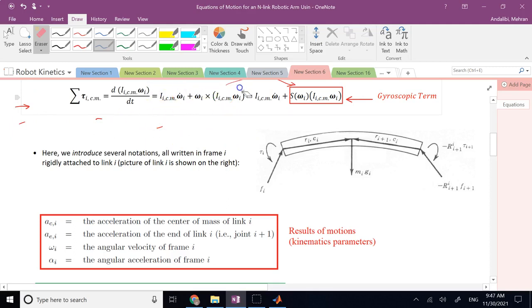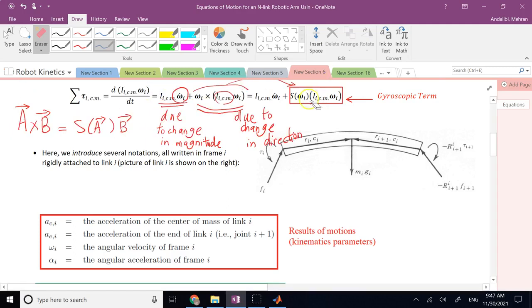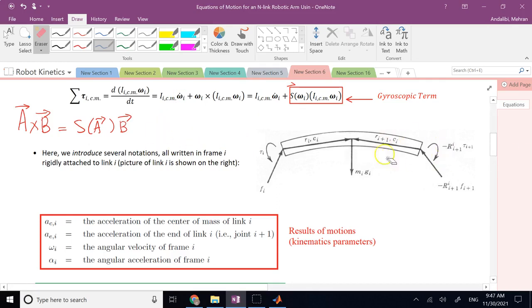So here we use some notations and symbols. So here, this is what you can see for link number I. This is the schematic of link number I, and the centroid of link I here is shown. So this place here is the centroid.